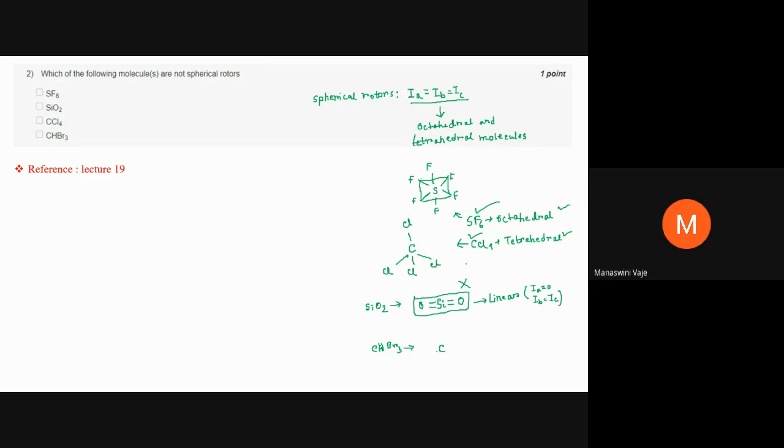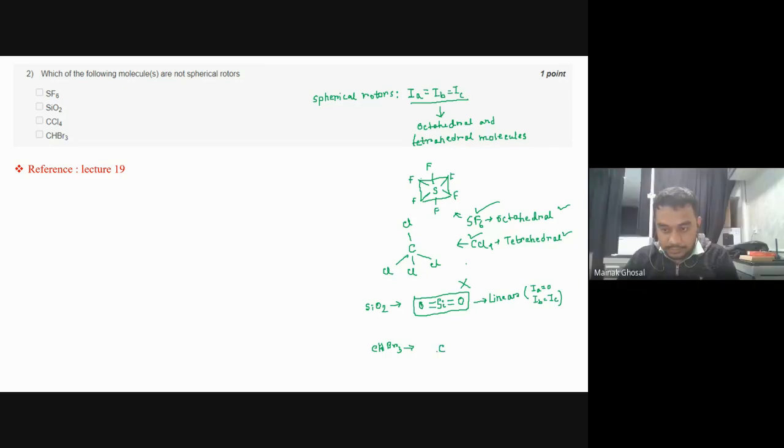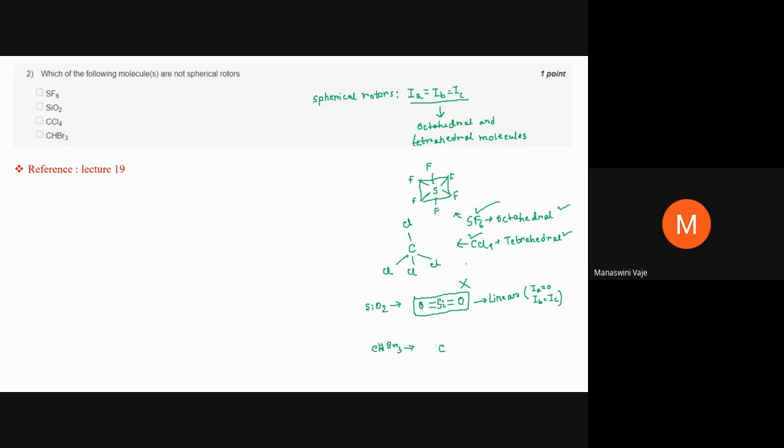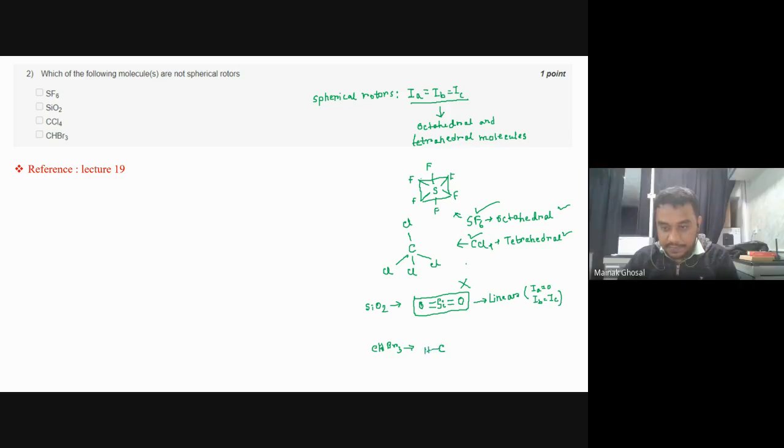C in the middle, H to the left side, two Br atoms to the right side, and one Br atom hanging up. You are saying like this. Yes. So what kind of structure is this?